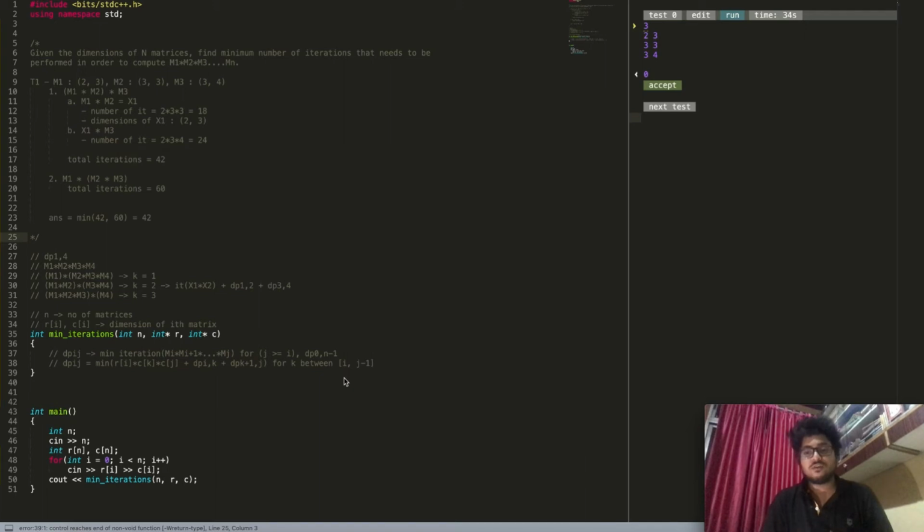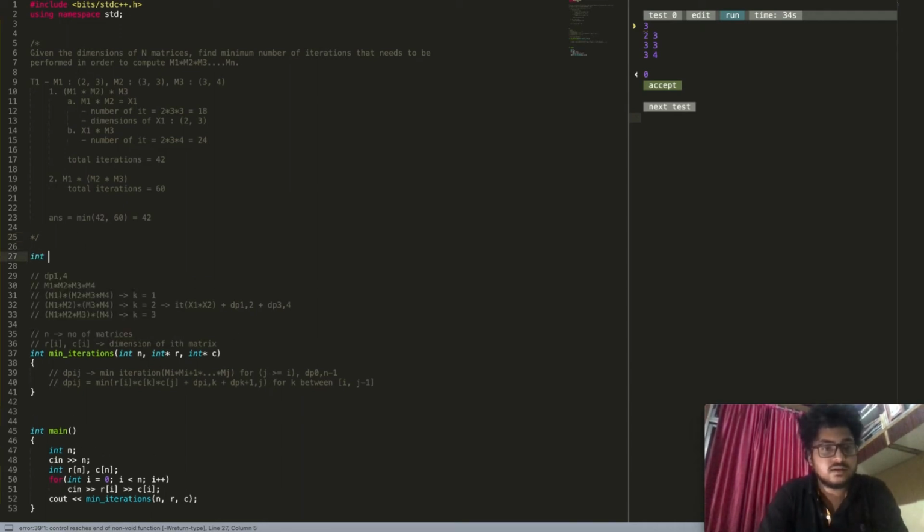Now that we have a solution to these two subproblems, let's integrate them into code. Since we are memoizing in this video, we have already discussed that whenever we are trying to memoize a particular solution, we need to have a wrapper function. So let's define our wrapper function first, and let's call it int min iterations wrapper.